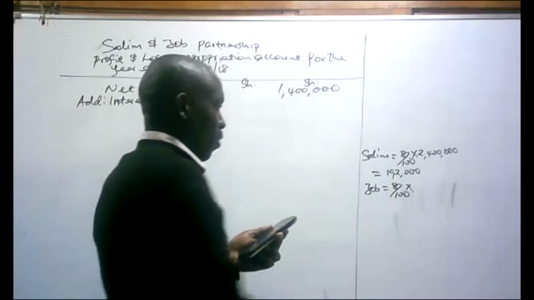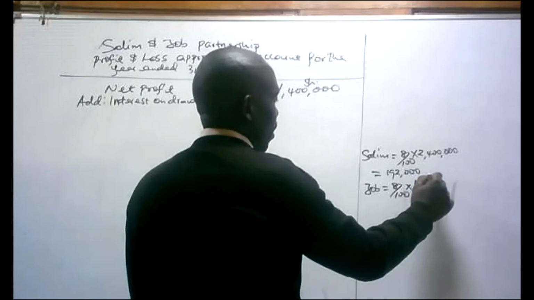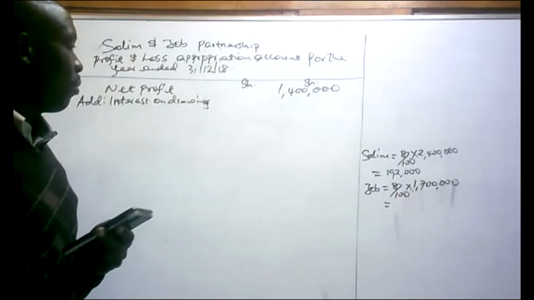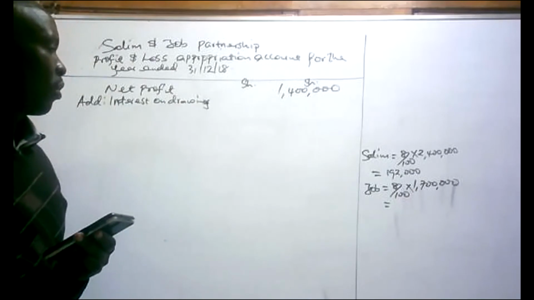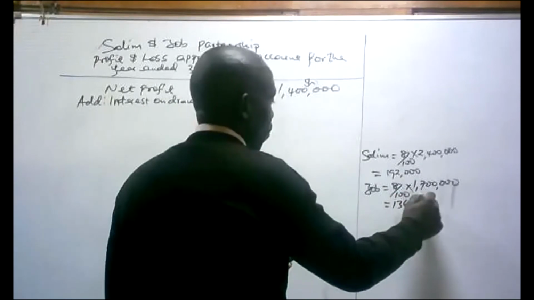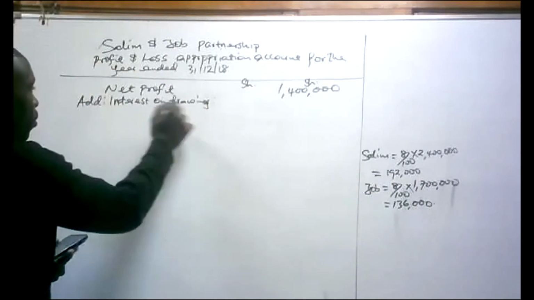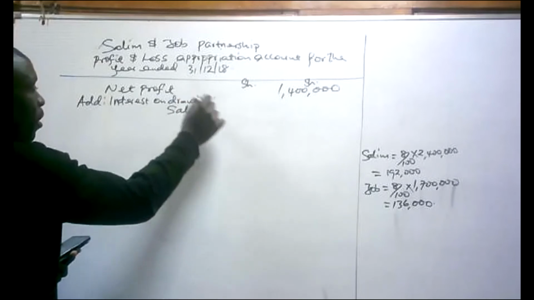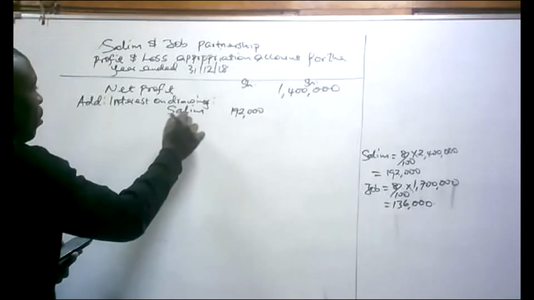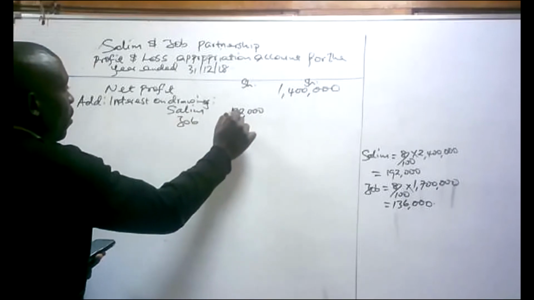For Job, it is going to be the same, 8% times his drawings amount, Roman 7, the last statement. Job's drawings were 1,700,000. 8% of that gives you 136,000. So you bring here Salim 192,000 and Job 136,000.